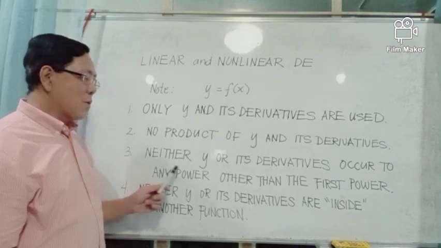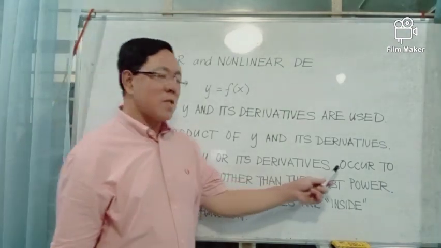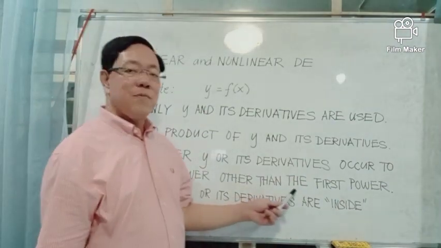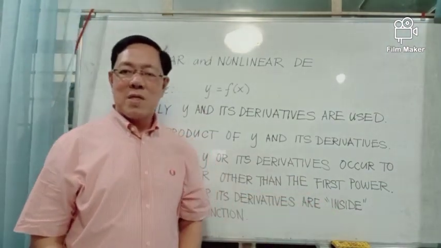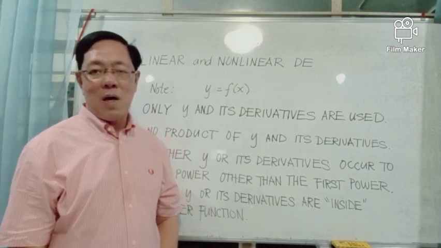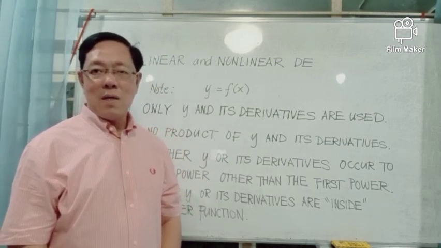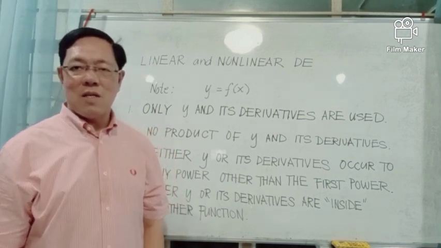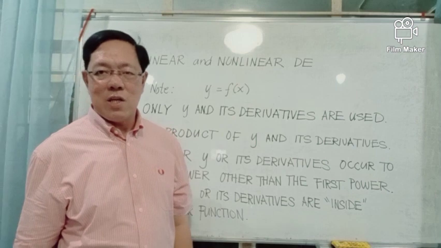Number 3, neither y nor its derivatives occur to any power other than the first power. That means if you have a differential equation containing a term with y raised to an exponent higher than 1, then the given differential equation is definitely nonlinear.